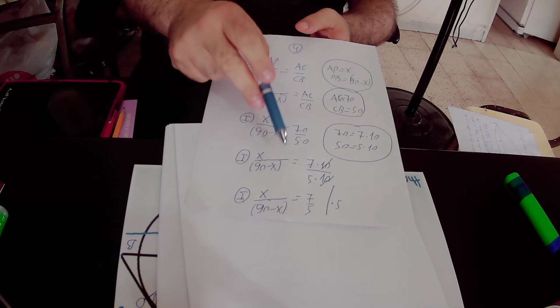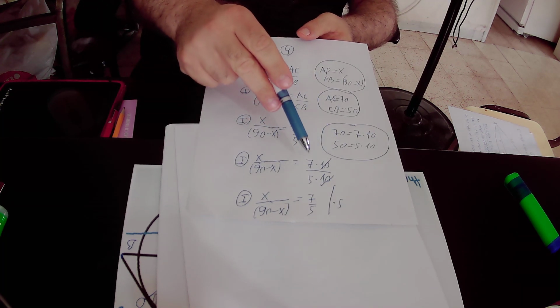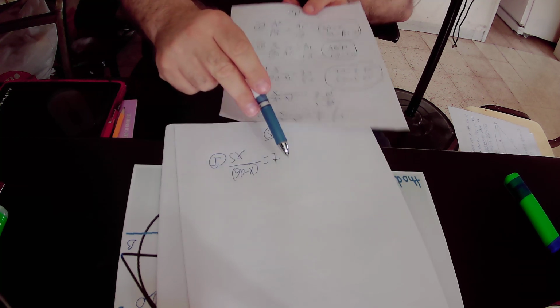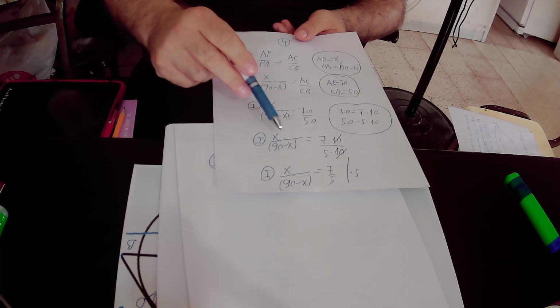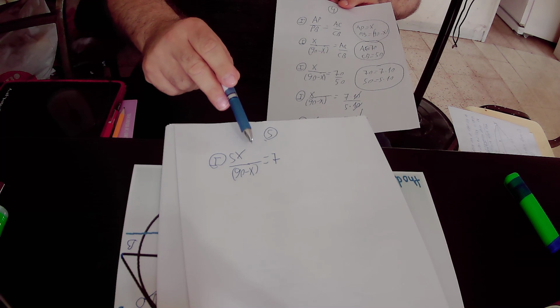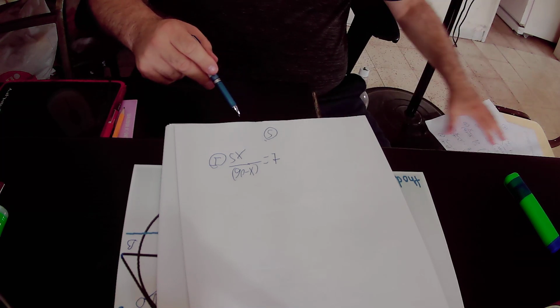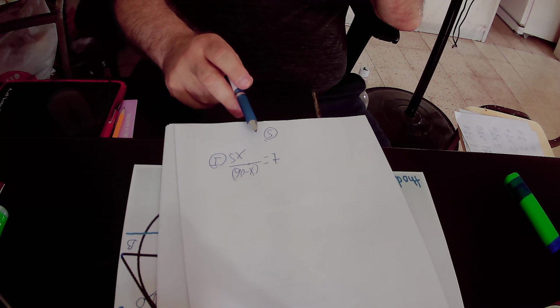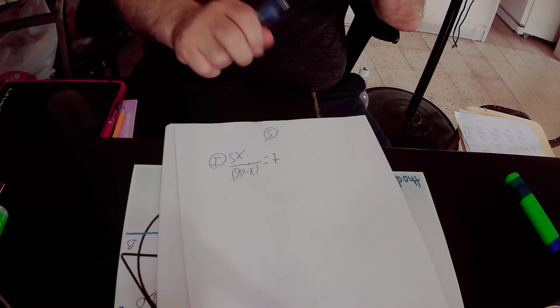So we multiplied both sides of the equation by 5, so 7 divided by 5 times 5 equals 7, and x over 90 minus x times 5 equals 5x over 90 minus x. Now we will multiply both sides of the equation by 90 minus x.